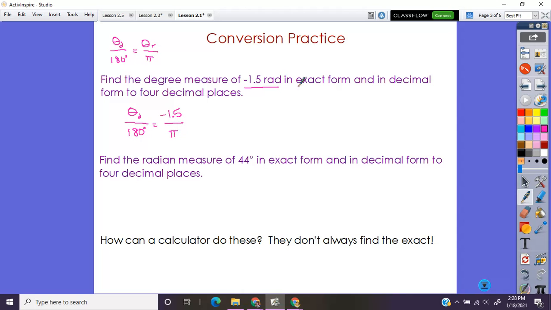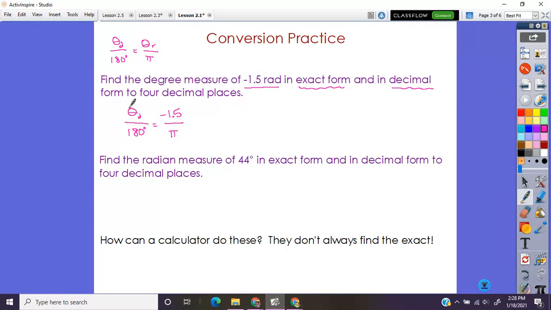Now I need 2 answers. One of them is going to be the exact form and the other one's going to be the decimal form. I'm going to work with the exact form first. When you're solving this proportion, you cross multiply and solve for the unknown. But you don't want to multiply or divide pi through, because pi is an irrational number, so you cannot get an exact form if you multiply or divide through pi. So what you would do instead is just leave it in terms of pi.